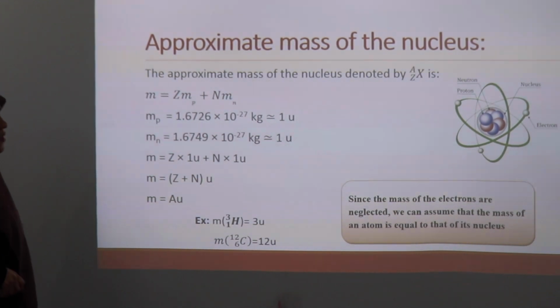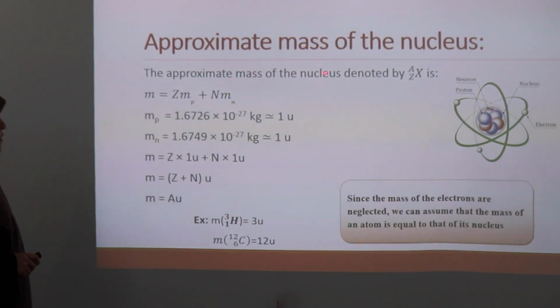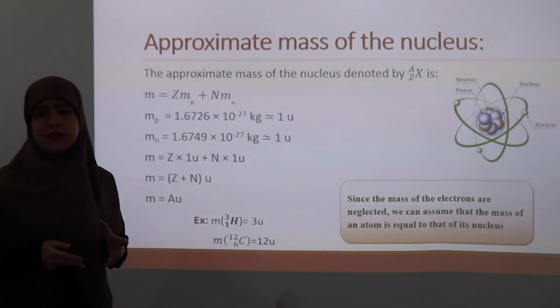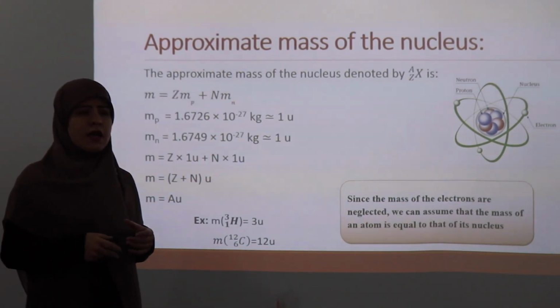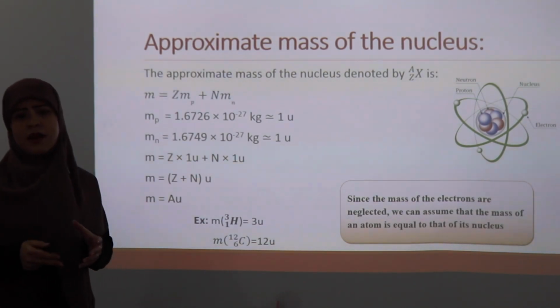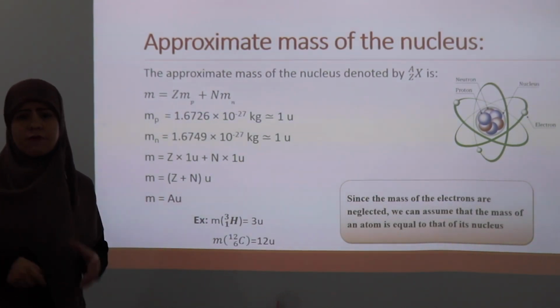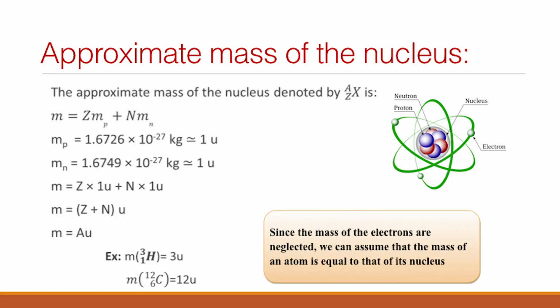Approximate mass of the nucleus. The approximate mass of the nucleus denoted by X, Z, A is, since the nucleus contains protons and neutrons, dependent on the mass of neutrons and the mass of protons. So the mass of the nucleus depends on the number of protons and the mass of protons.